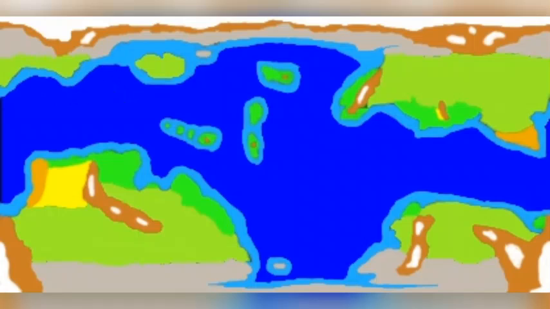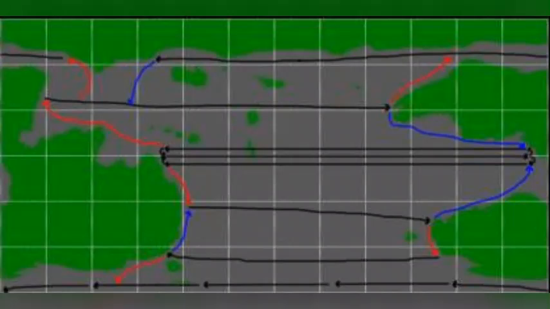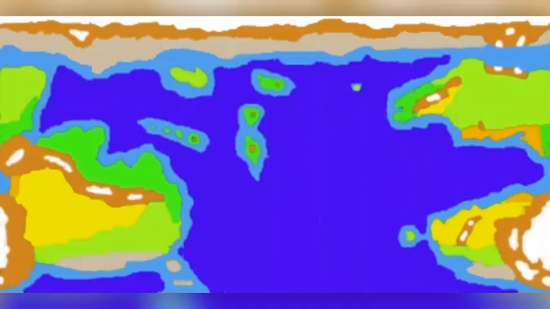And finally, we've reached the present. There's now one supercontinent in the center near the equator, and then one Antarctica-like continent in the north.